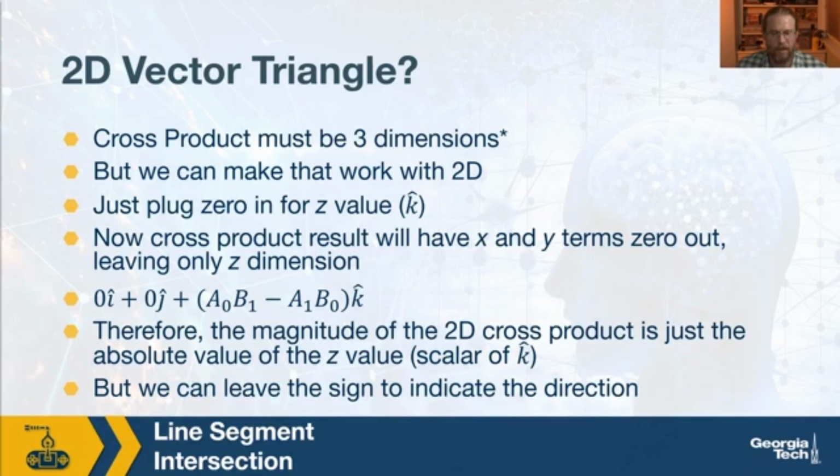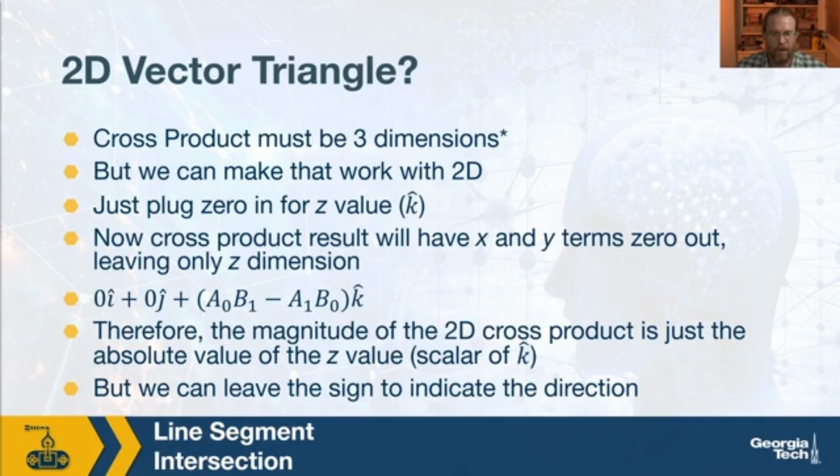So we're going to use a 3-dimensional cross product. All we have to do is plug in 0 for the z value, so we have the x and y components of our 2D position vectors, and then just add a 0 for z. So everything is in the xy plane.